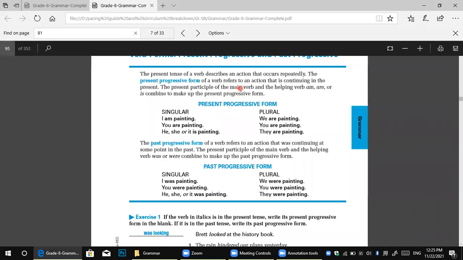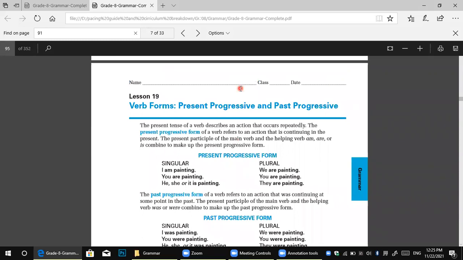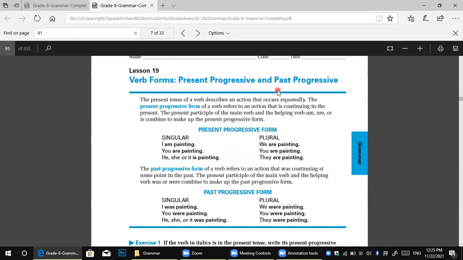Here we go. Our lesson today is the present progressive and the past progressive. What does progressive mean? It means continuous. The present progressive means the present, what's happening right now.